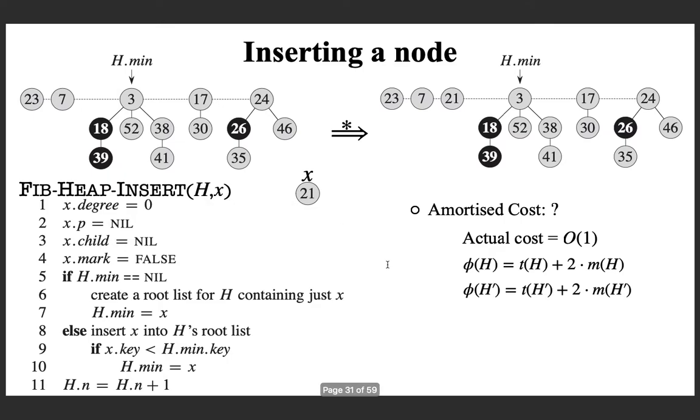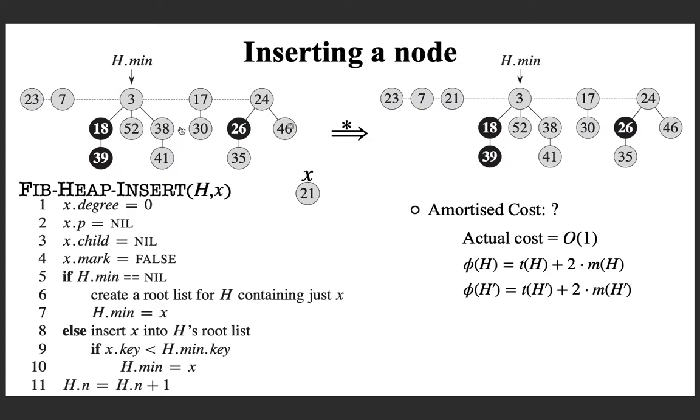Then if you look at the potential for the instance that you obtain after the operation, call it h prime. It's nothing but the number of trees in h prime plus 2 into the number of marked nodes in h prime.